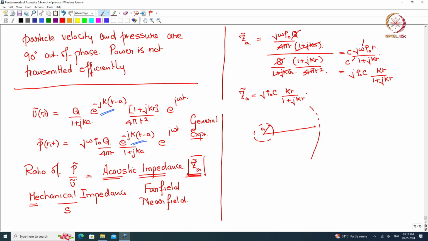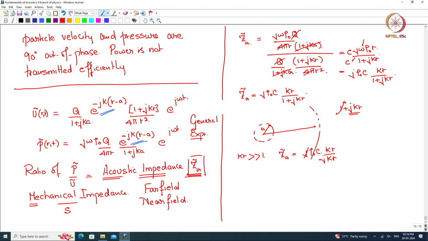Now, suppose k r is much greater than 1, then my Z tilde A becomes j rho 0 c k r by j k r. Since 1 plus j k r is big, I am going to ignore this 1.